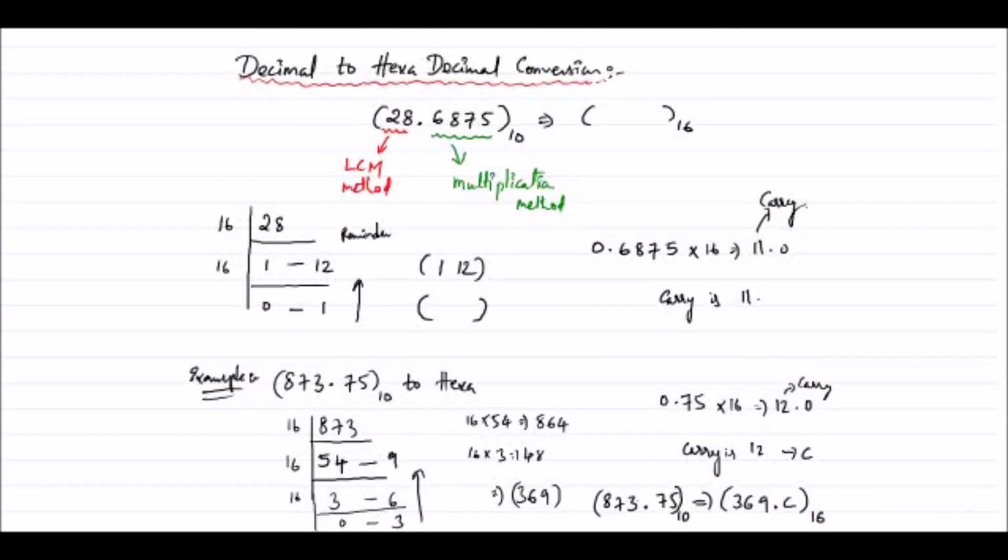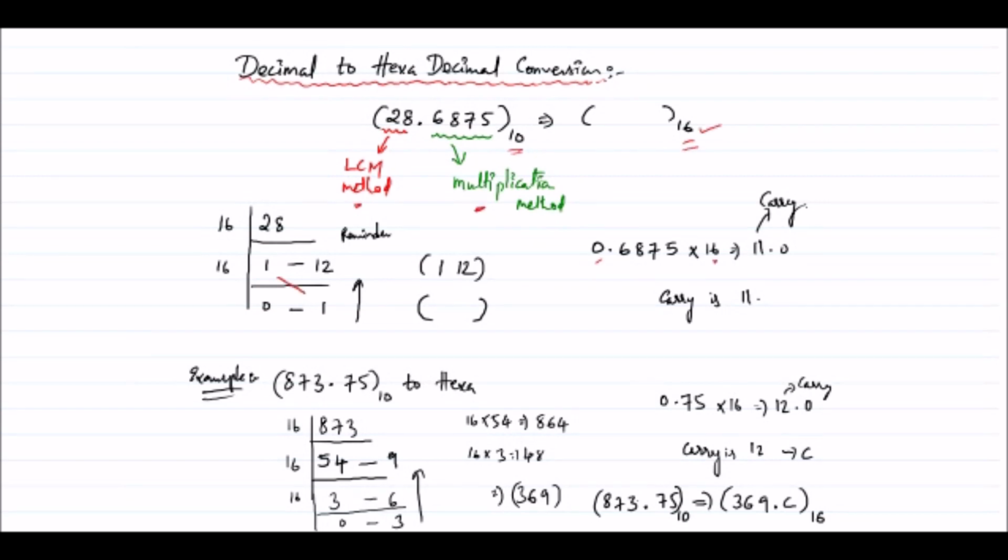The topic we are discussing now is decimal to hexadecimal conversion. For a decimal value we have base 10, and this base 10 value will be converted into a base 16 value.